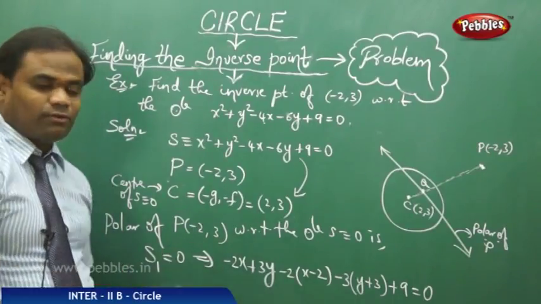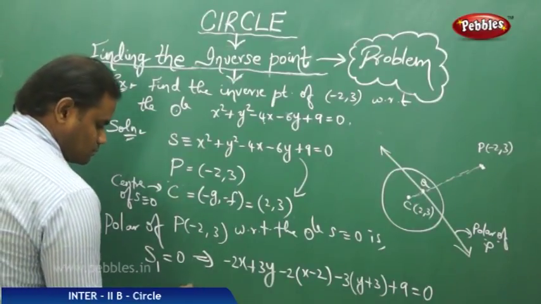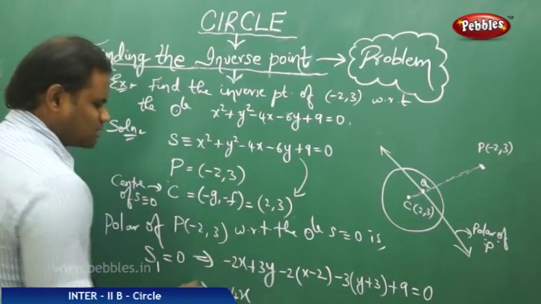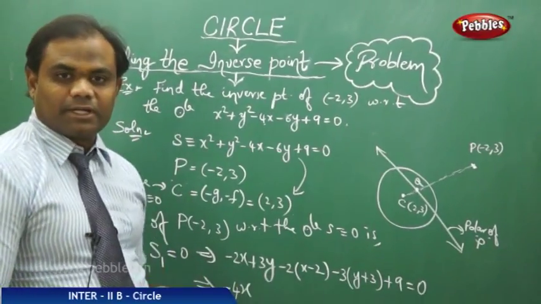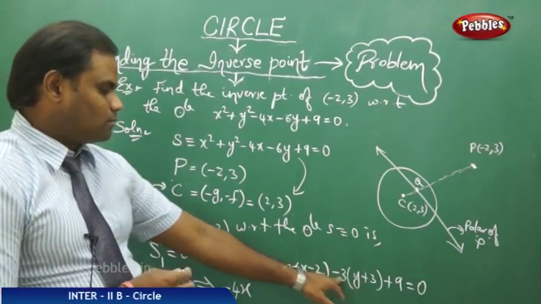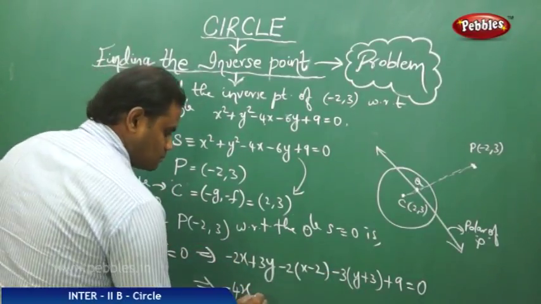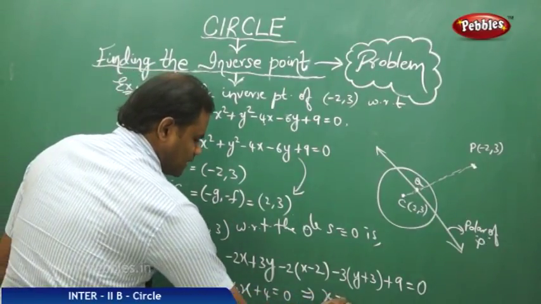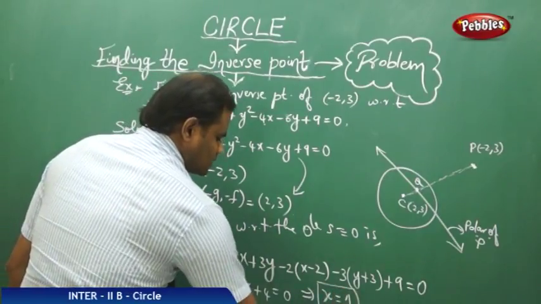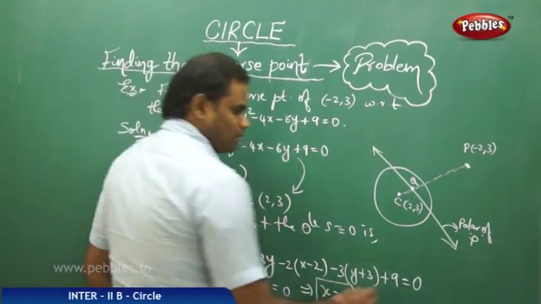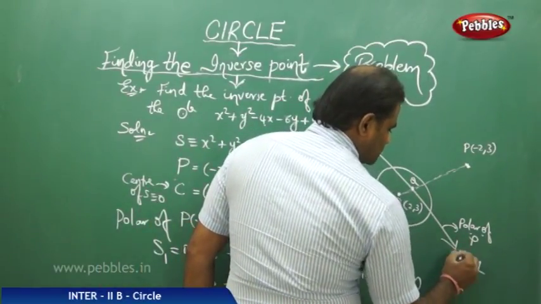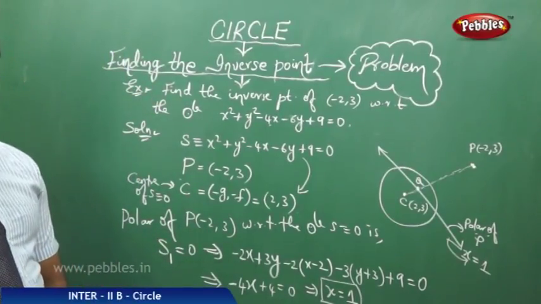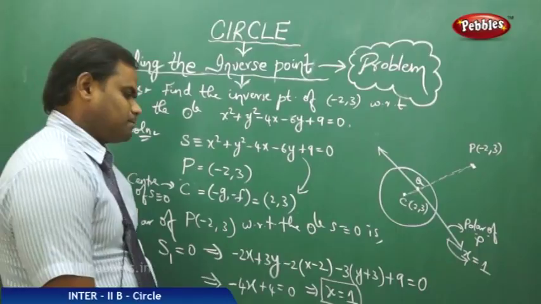Now simplifying this further, we get minus 2x, which is minus 4x, and 3y minus 3y get cancelled to give 0, and 4 minus 9 plus 9 gives me plus 4 equal to 0, that is x equals 1. Now this is the equation of the polar of P. This is the line x equal to 1. So the equation of the polar is x equal to 1, is what we get.